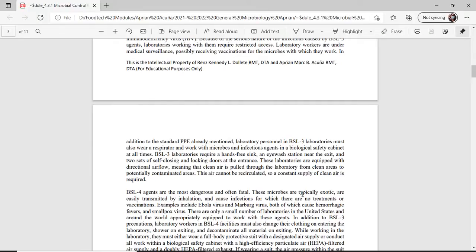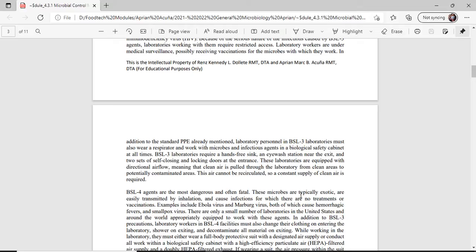In addition to the standard PPE mentioned, laboratory personnel in level 3 laboratories must also wear a respirator and work with microbes and infectious agents in a biosafety or biological safety cabinet at all times. Level 3 laboratories require a hands-free sink and an eye wash station near the exit, and two sets of self-closing and locking doors at the entrance.